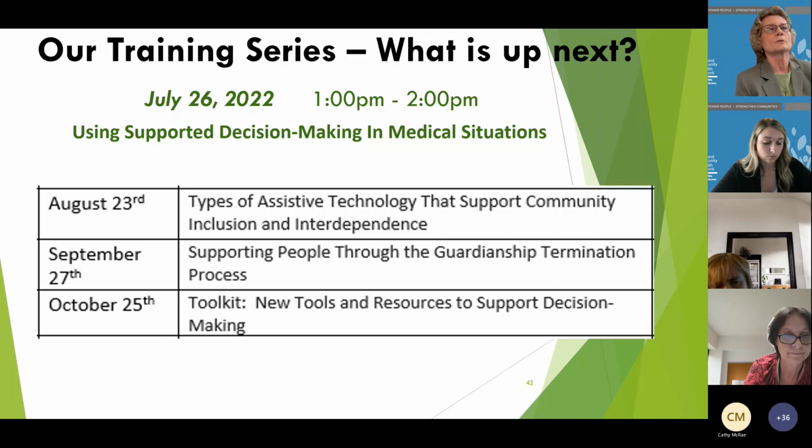September is supporting people through the guardianship termination process. In October, the state supported decision-making work group has been working on a toolkit that's putting all these different tools and resources into a toolkit. We hope to have that done and be able to present that in October.